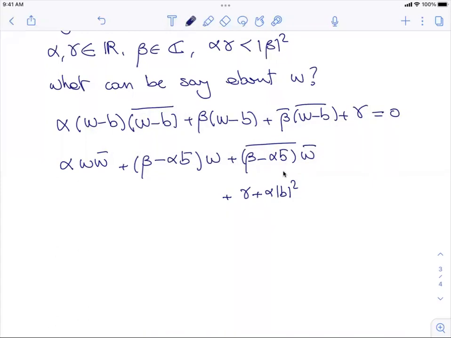Alpha modulus of b squared plus gamma minus twice the real part of beta b, and all of this equals 0.